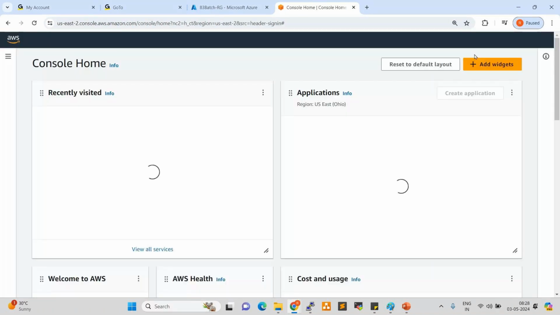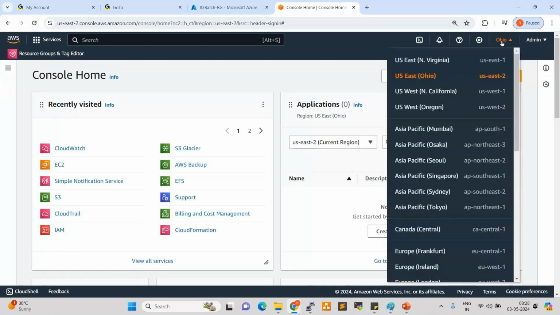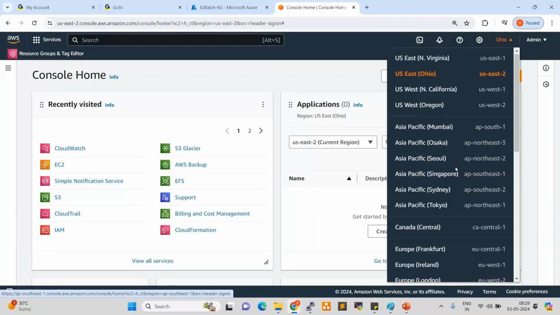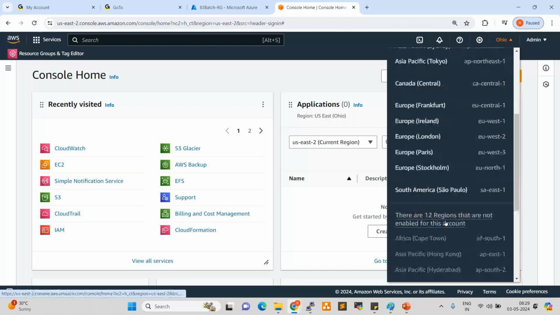See here, these are the data centers across the globe: US East North Virginia, US East Ohio, US West North California, US West Oregon, Asia Pacific Mumbai, Osaka, Seoul, Singapore, Sydney, Tokyo, Canada Central, Europe data centers Frankfurt, Ireland, London, Paris, and South America.